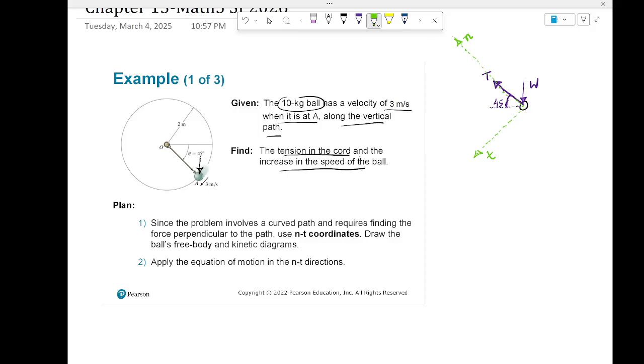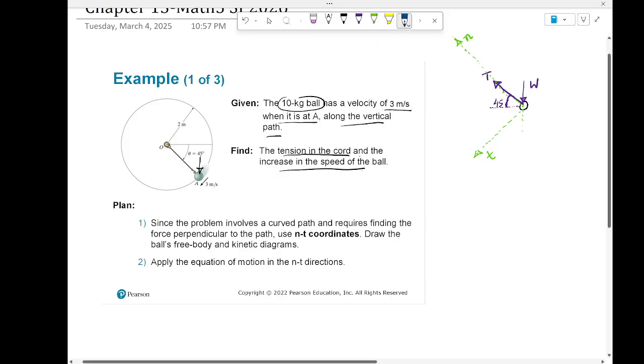Now, when it comes to 45, it really doesn't matter whether you do cos 45 or sin 45, because the value is the same. Just remember that cos 45 and sin 45 values are the same. You know that, right?